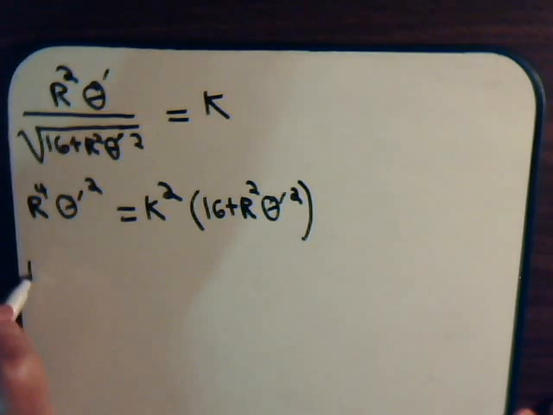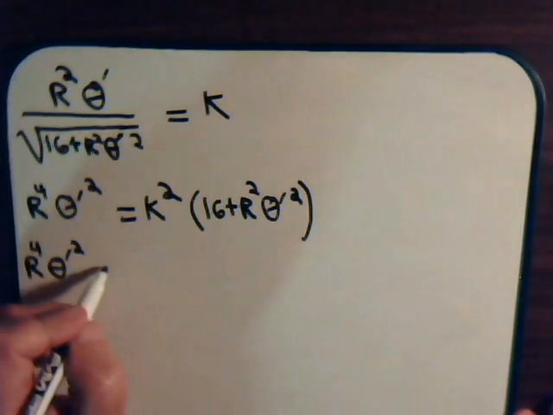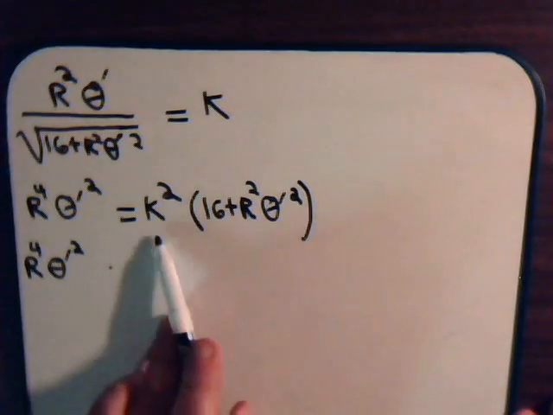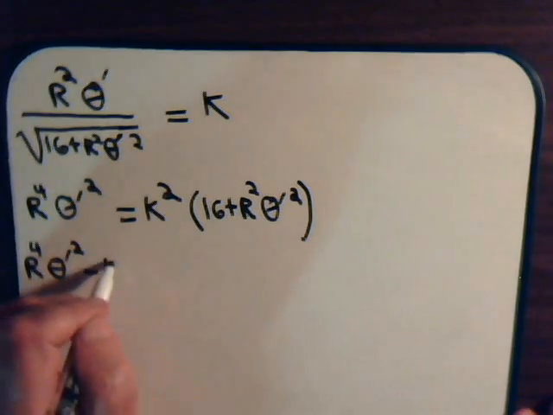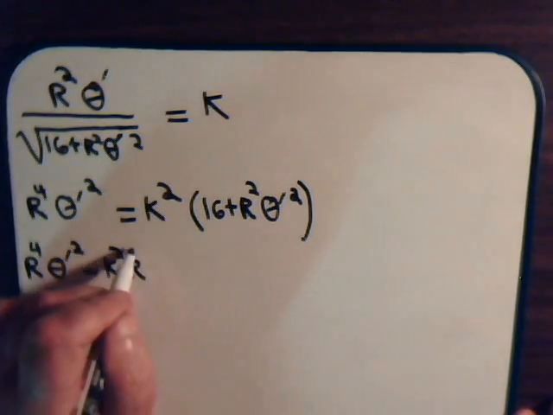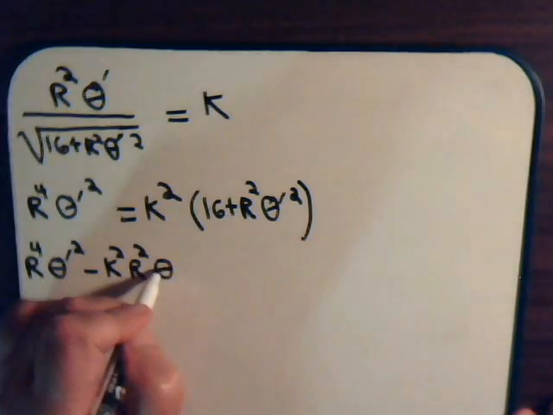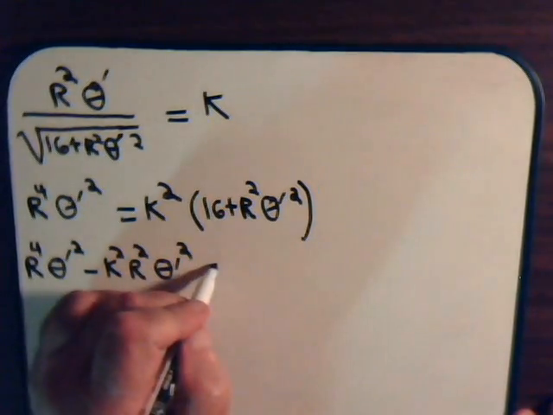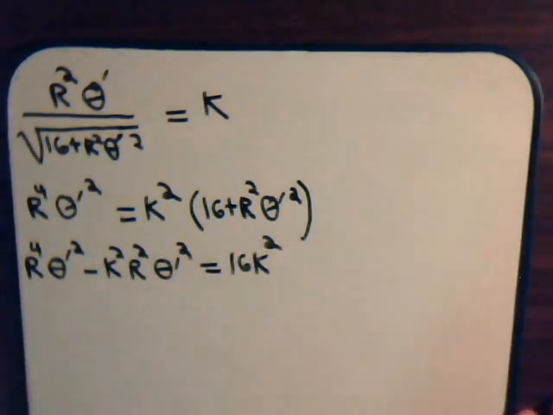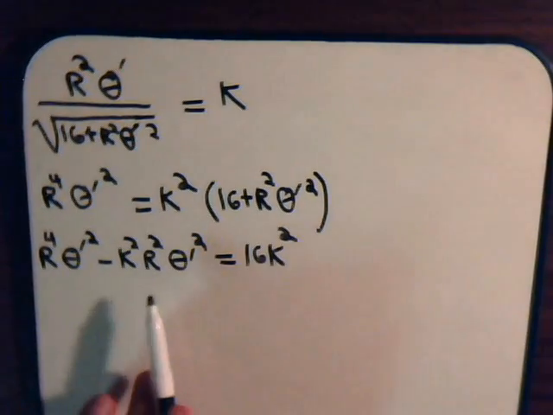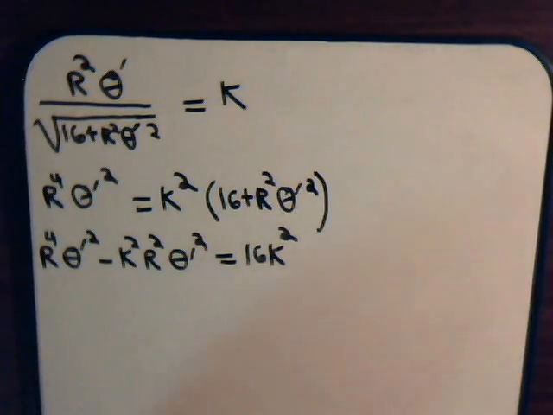We have r to the fourth times theta prime squared, and then here we have k squared r squared, so let's subtract that and bring it over to here. We have minus k squared r squared theta prime squared equals 16 times k squared. So on the left hand side we can factor out an r squared theta prime squared.